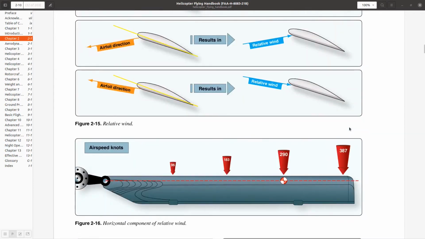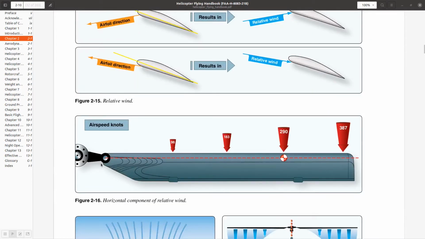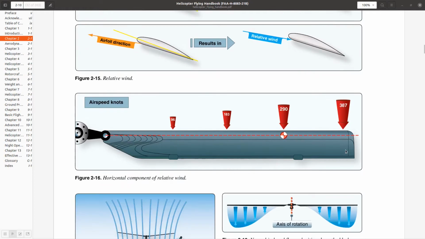And why do we do that? Well, if you look at a rotor that's spinning out here near the tip, I've got a 387 knot wind. I've got a 290 knot wind, 183 knot wind, and a 96 knot wind.